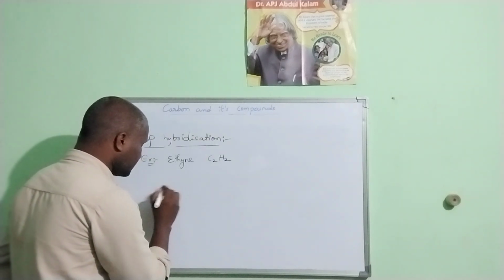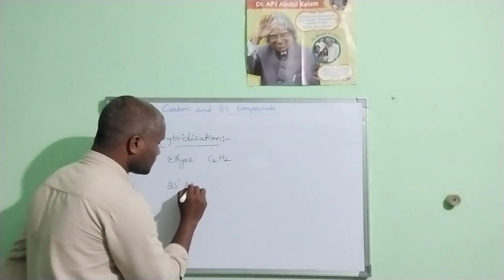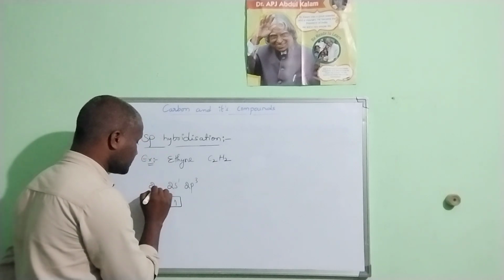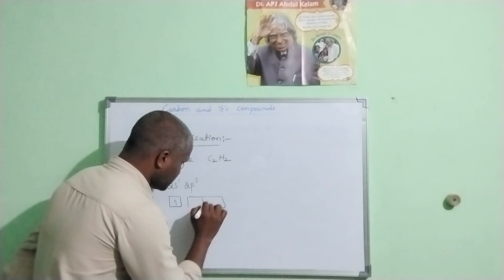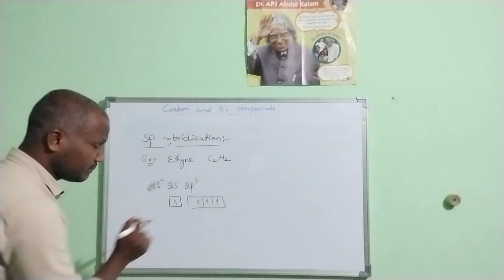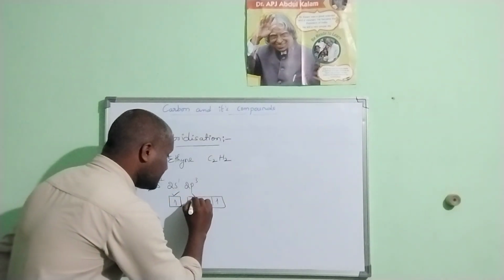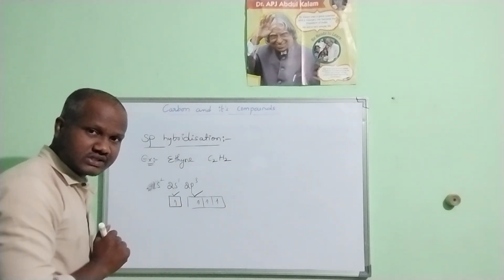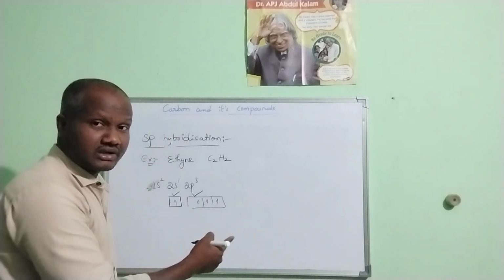So here also, 2s2 2p2 promoted to 2s1 2p3 is the excited state electronic configuration of the carbon atom. So here also we can find 4 unpaired electrons. Among these 4 unpaired electrons, one s orbital and one px orbital will be involved in the hybridization process. The remaining 2py and 2pz cannot be involved in the hybridization process.